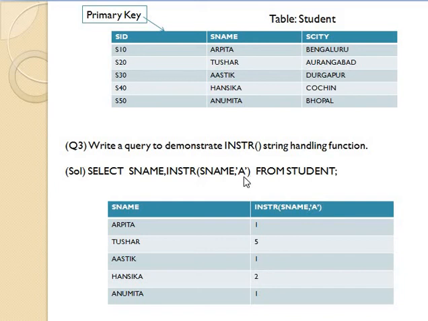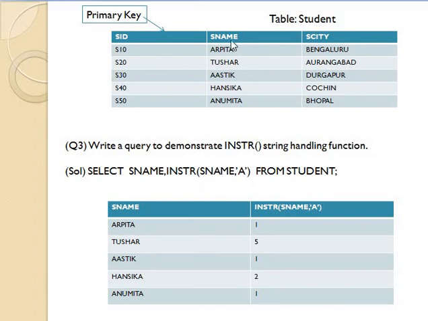Now this argument a is the character value enclosed within quotation, and using this instr function I will find the position of this character value a for every entry of this column called sname.